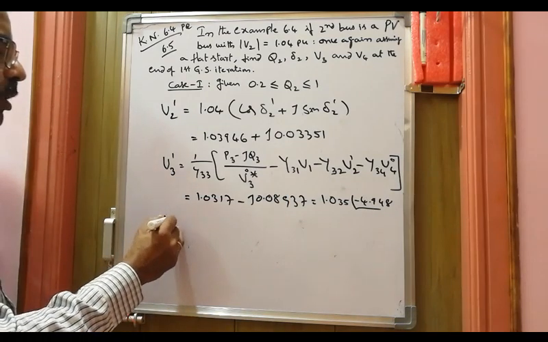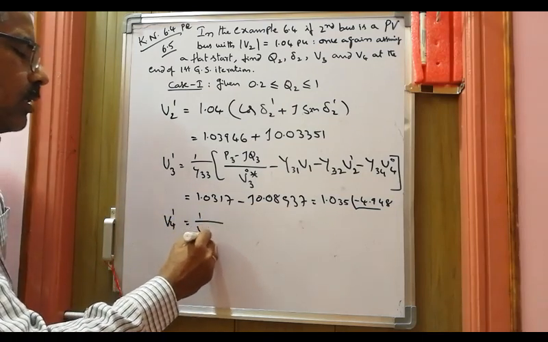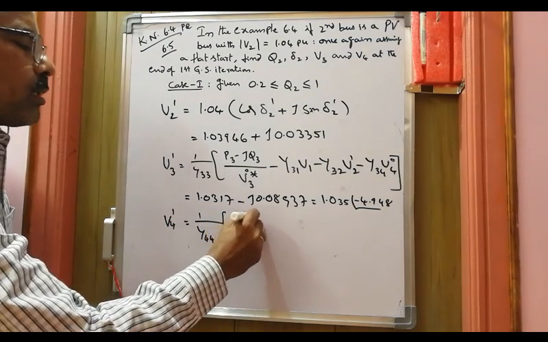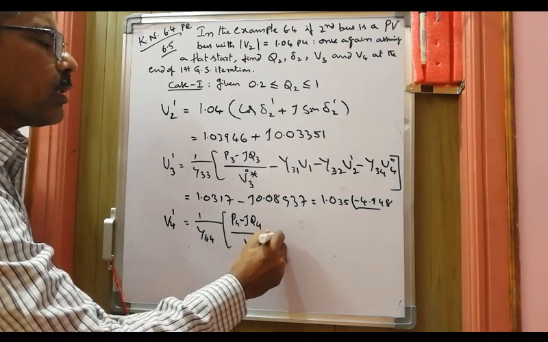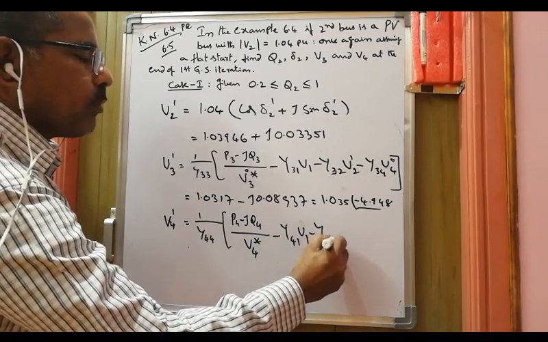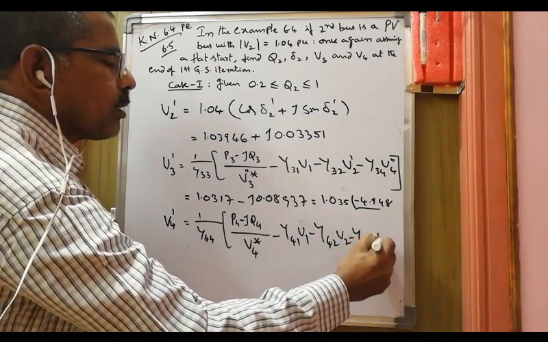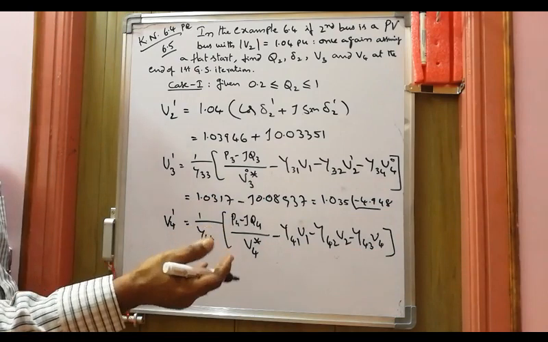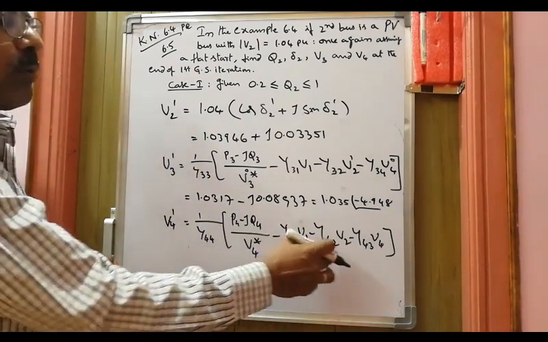Similarly, calculate what is V4. V4 is 1 by Y44, (P4 minus jQ4) by V4 conjugate, minus Y41 V1, minus Y42 V2, minus Y43 V3. Y44 V4 you are not supposed to write because k cannot be i. Okay, so i is 4.